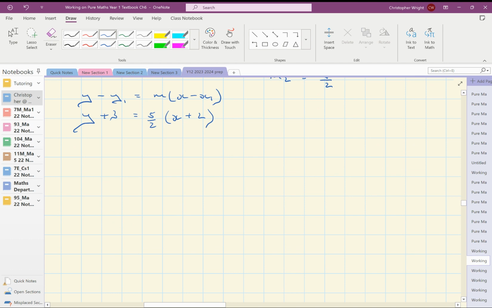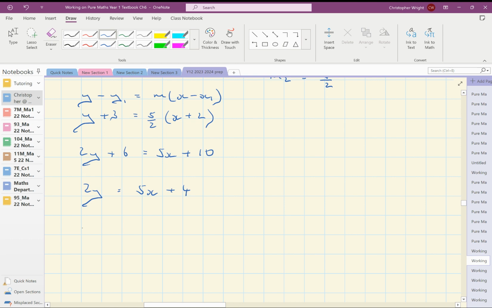Excuse my writing. Let's make this a bit simpler for ourselves, shall we? So we'll multiply everything by 2, 2y plus 6, and multiply that bracket out as well, 5x plus 10. So that's going to give me 2y equals 5x plus 4.